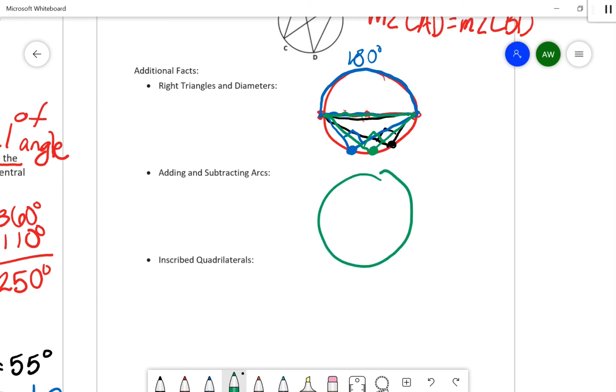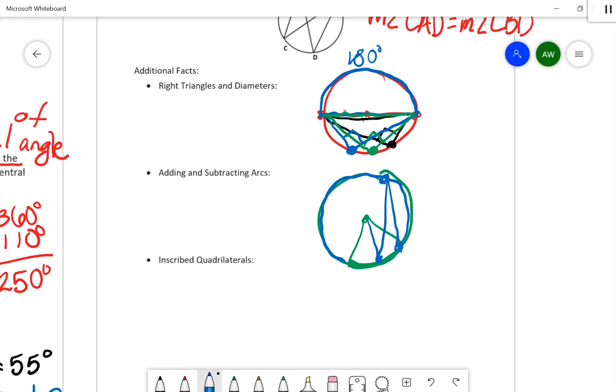We talked about the fact that if I have a central angle here that tells me what this arc length is, I can subtract that from 360 to get the rest of my circle. But that works in other situations too, right? So if I had, for example, cut this in half, and then I had this inscribed angle here.